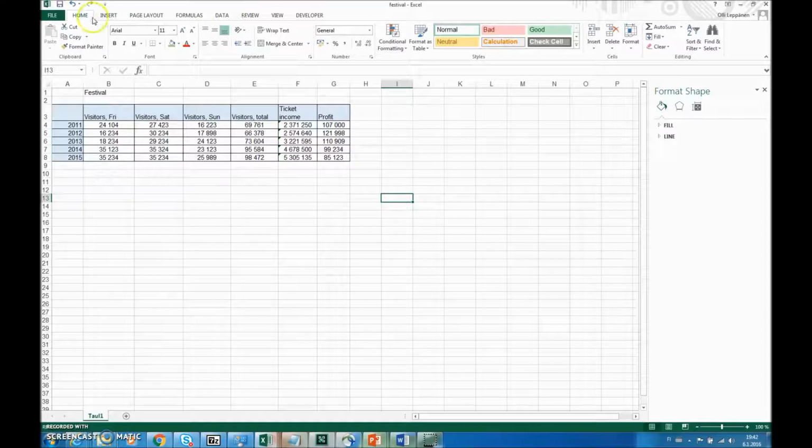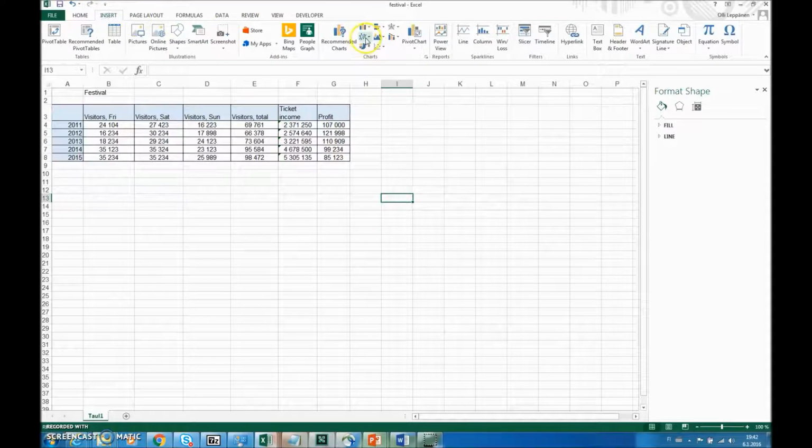Let's then check out the line charts. Line charts are quite good for visualizing the trends of some number. So, for example, we can use that for visualizing the total visitors of the festival.